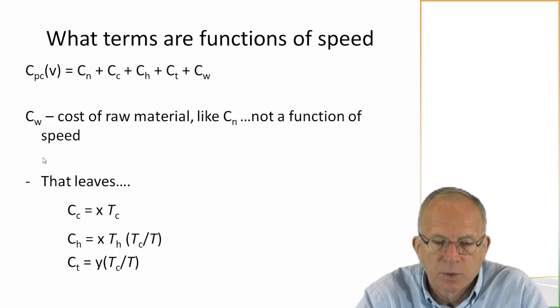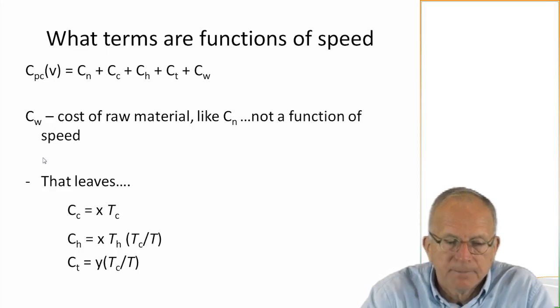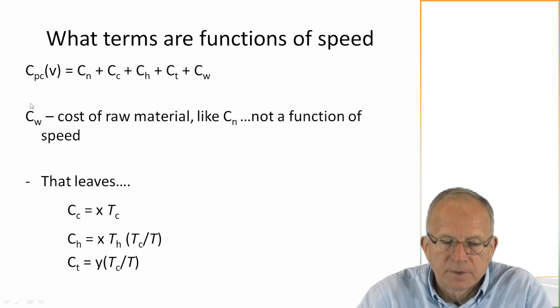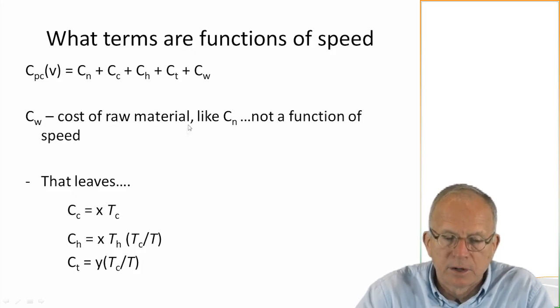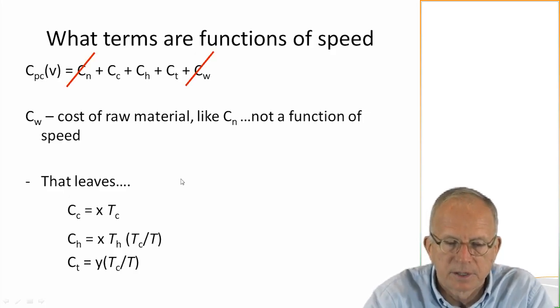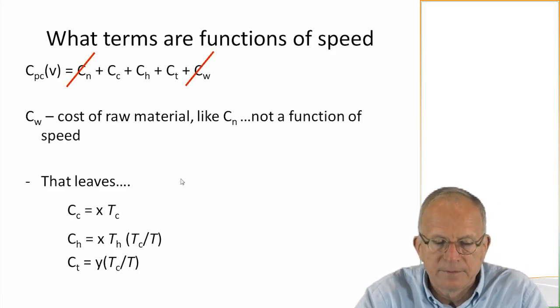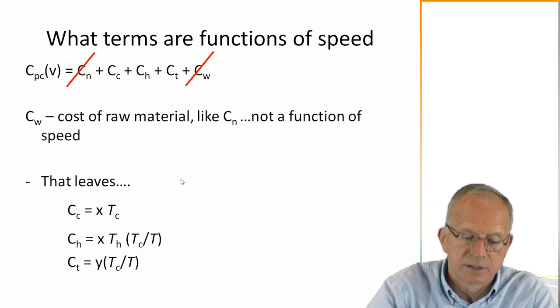All right, so what terms are functions of speed? So CW is the cost of the raw materials, and like Cn is not a function of speed, so we'll eliminate those two. And that leaves us with the cutting time, the tool changing time, and the cost of the tool.